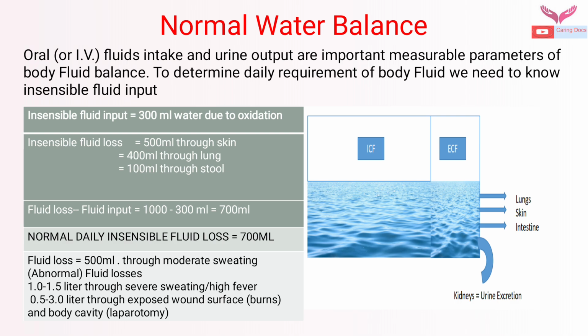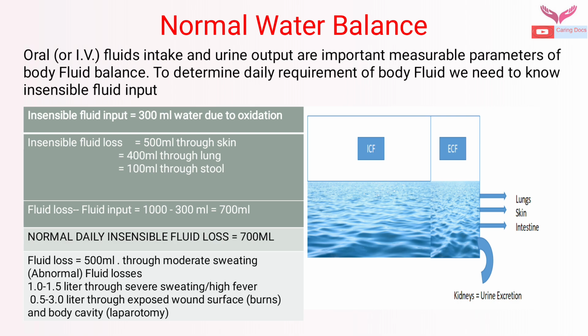This comes out to be 700 ml. The normal daily insensible fluid loss is 700 ml. So approximately 700 ml of fluid is lost by the body as an insensible fluid loss.